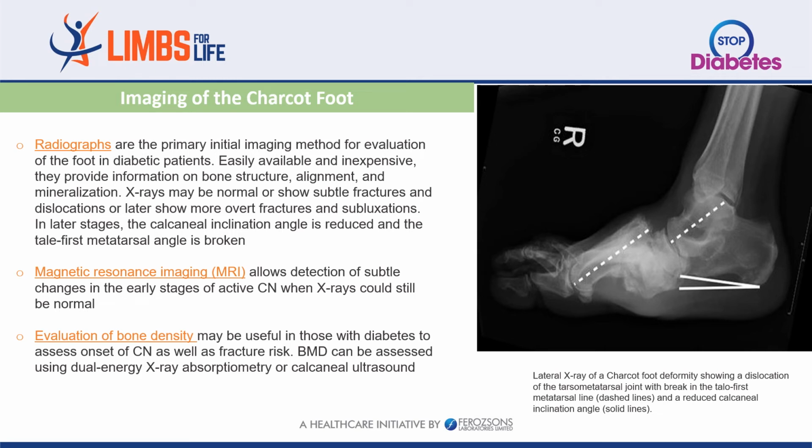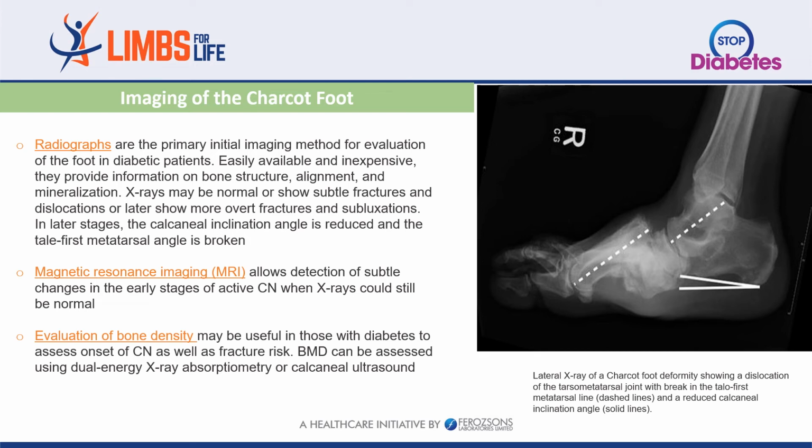X-ray may be normal or show subtle fracture and dislocation, or later show more overt fractures and subluxation. In later stages, the calcaneal inclination angle is reduced and the talar first metatarsal angle is broken.